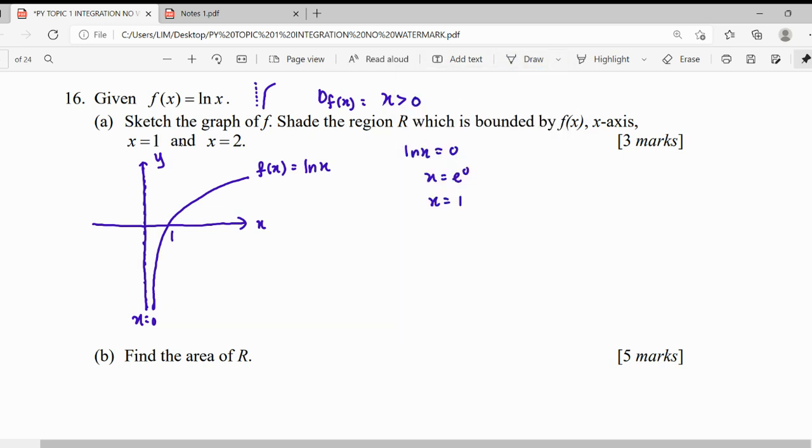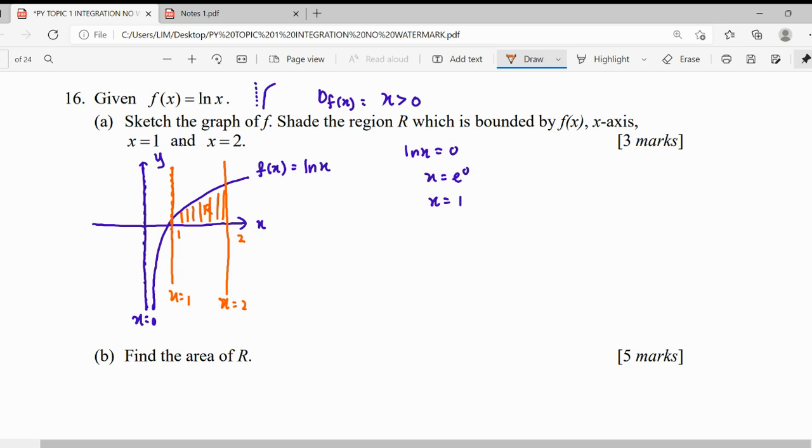x equals 1 is a straight line, so this is our x equals 1, on the intersection. And x equals 2 is also a straight line, so here is 2. So we can see clearly this is our region bounded.